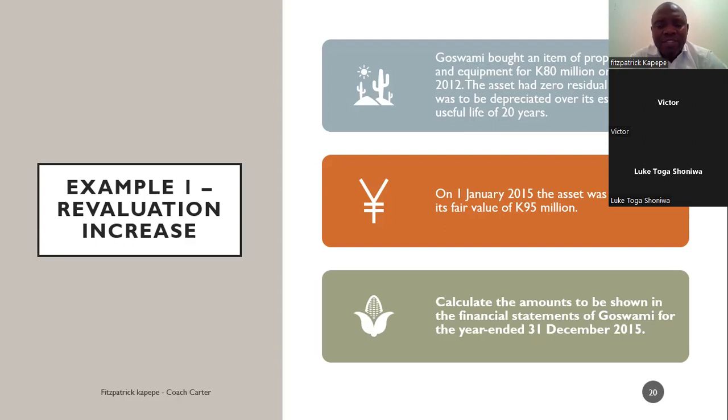On 1st January 2015, the asset was revalued to its fair value of 95 million. Calculate the amounts to be shown in the financial statements of Goswami for the year ended 31st December 2015.